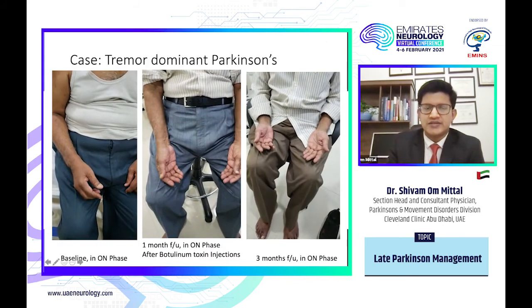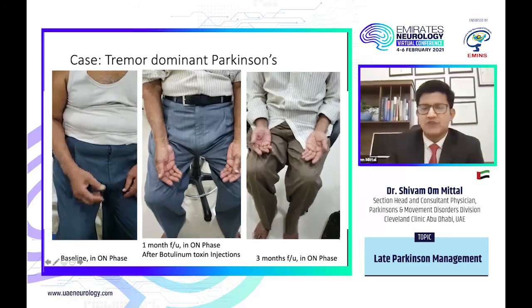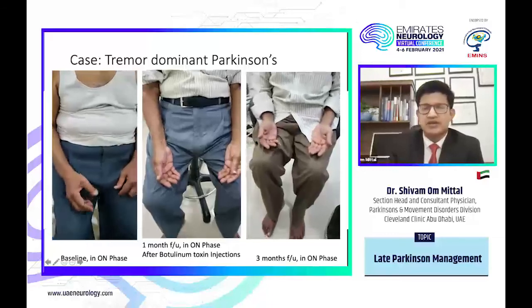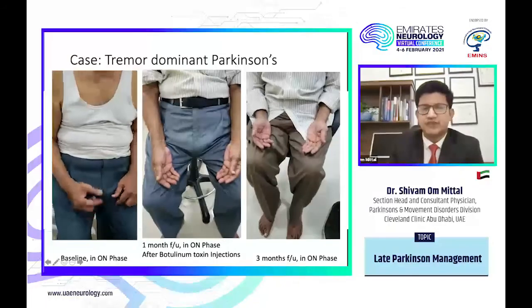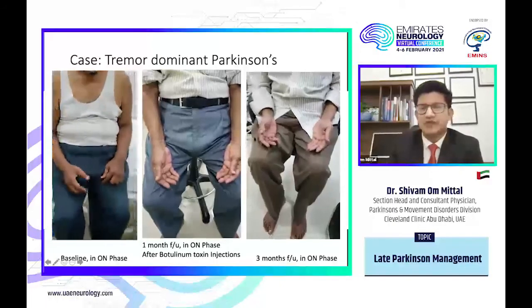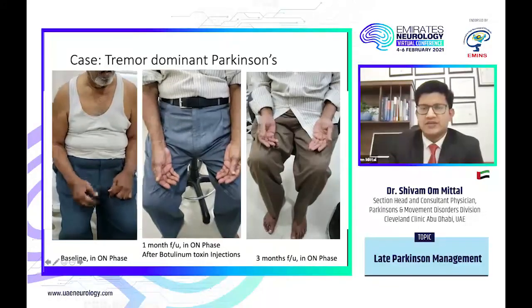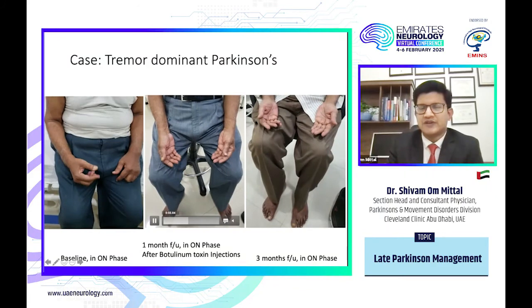You can look at this video where this patient had a prominent tremor, and he got a Botox injection in his right hand, and you can see the tremor is better now. And this is the 3-month follow-up where you can see the tremor is coming back. So we know that Botox works only for 3 months and the effect wears off after that.